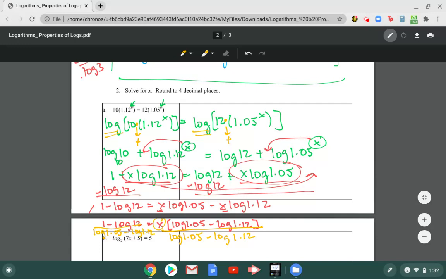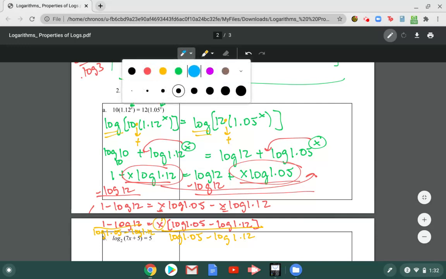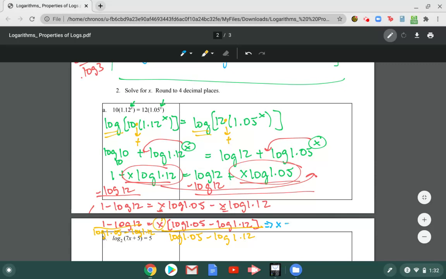I'll rewrite it, don't worry, because that's a big mess. Let me rewrite it in blue here. So x is equal to, what's this big mess right here? 1 minus log 12, all divided by, parentheses, log 1.05 minus log 1.12.